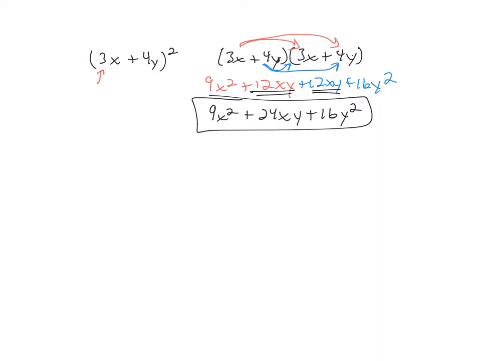And the 16 at the end comes from 4 times 4 is 16, y squared. And the stuff in the middle comes from, well, there's a 12, but then there's another 12. There's two of them, 12 and 12, and then xy. It comes from multiplying these two things together. So there is a pattern to it. I just think that it's easy enough to just write it out and multiply it.